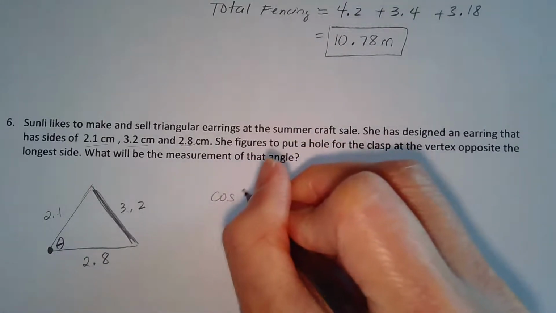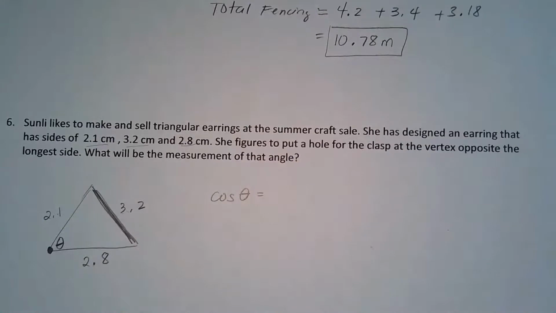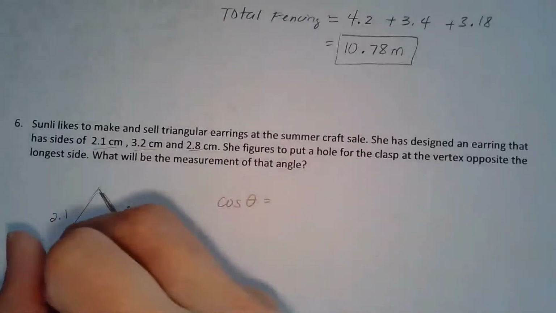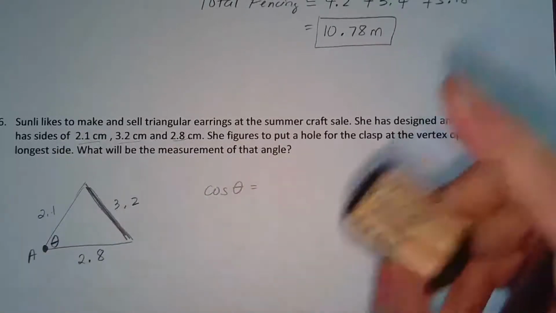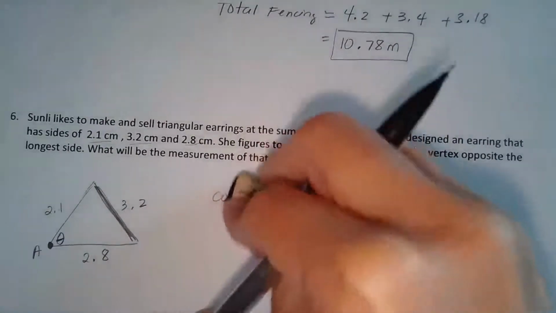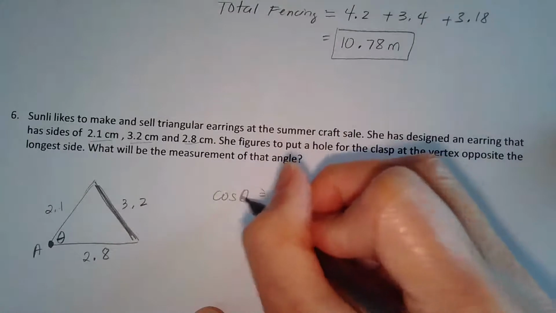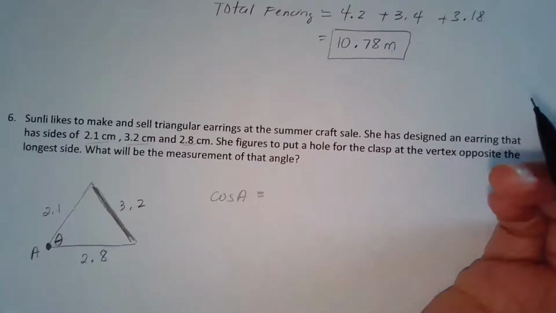So cos theta. If it makes it easier for you, you can call it angle A. It makes it easier to see which side is which.